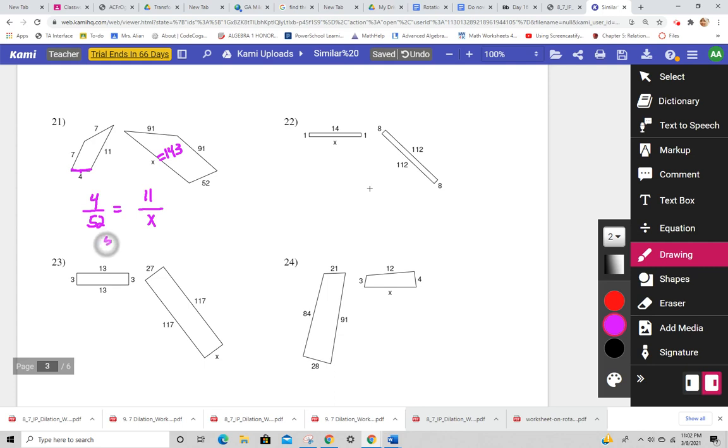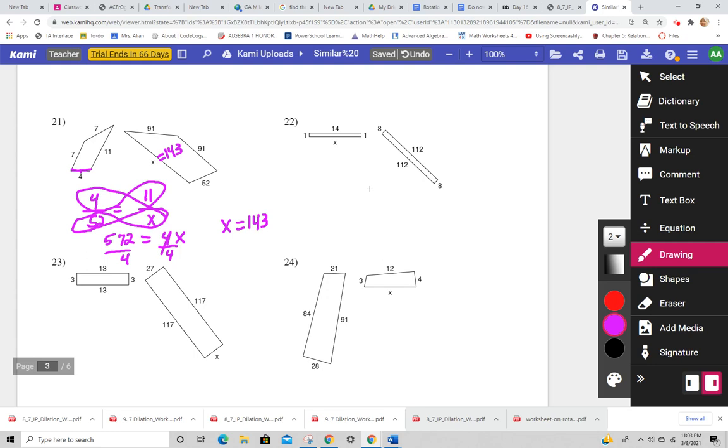It's going to be 572. And then we'll take this cross product, divide both sides by 4, and we'll get 143. So again, you can use proportions for all of them. I'm just showing you an easier way that you can use to save some time for yourself sometime.